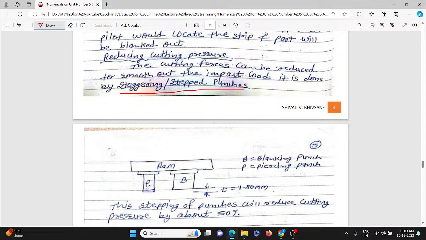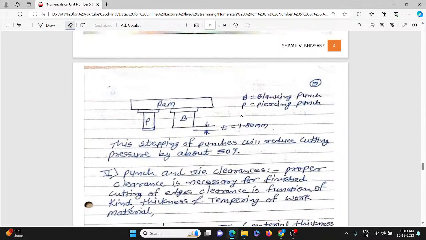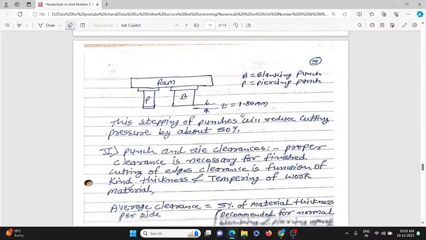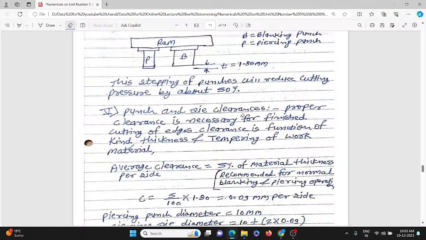In this way the punch will be staggered, and punching will be done on the first station and the blanking operation on the second station. I think you might have gone through this PDF, which I have already provided to you, and I think you understood this. Let me know in the chat box whether you have understood this or not, and please comment in the chat box.